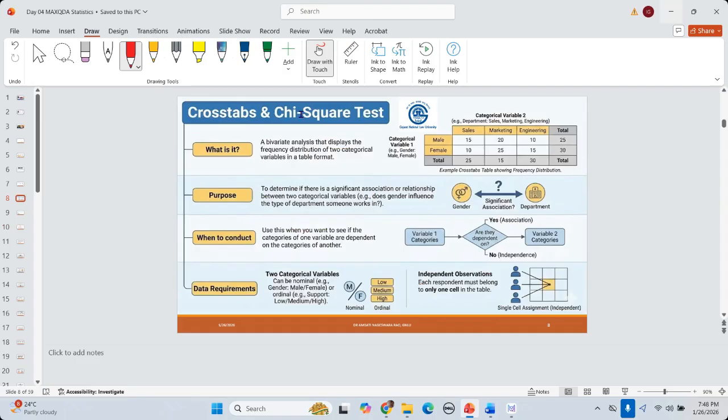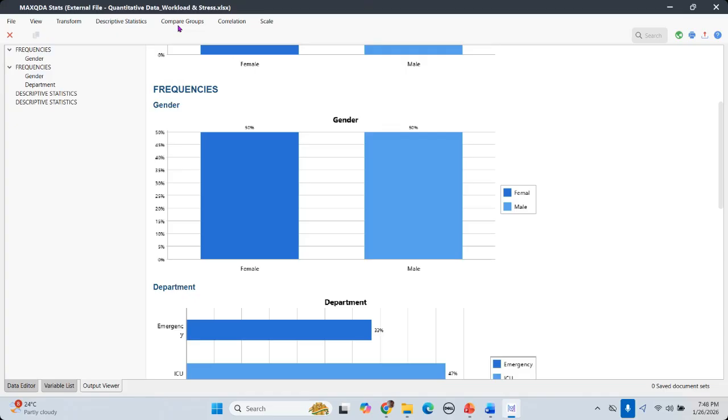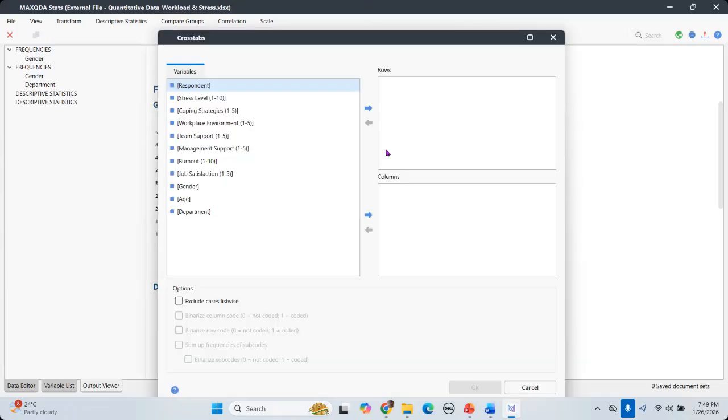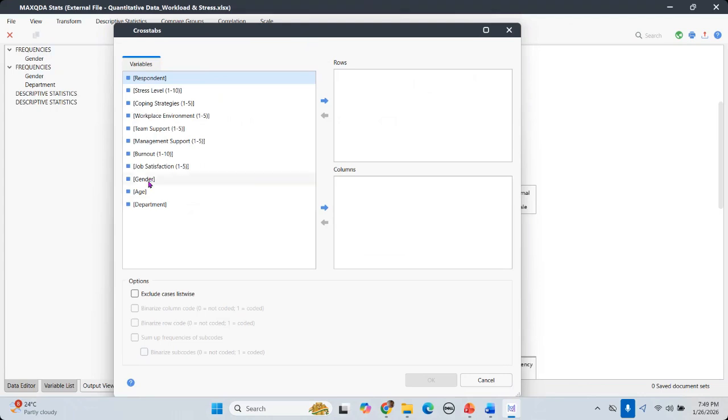Please go to your data set. Please open your data set. There is an option called compare groups. Come to the cross tabs. Now I opened the cross tab window. I need two categorical variables.